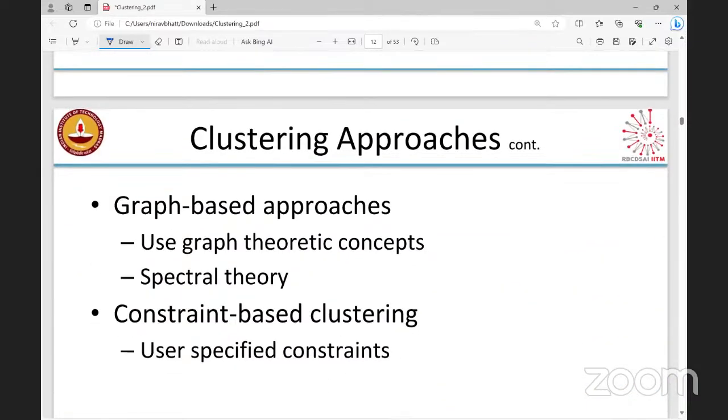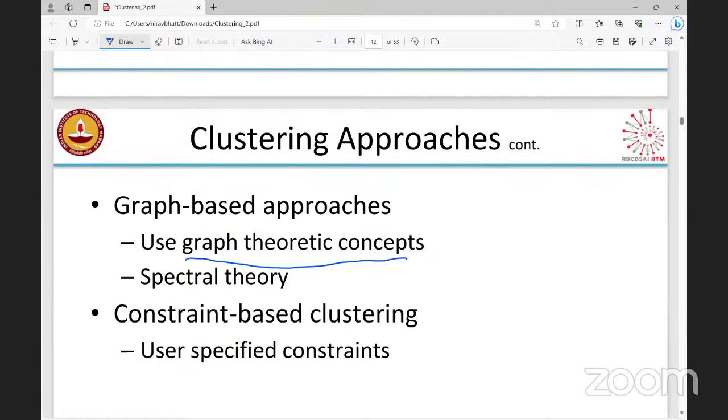Then there are graph-based approaches, which use graph theoretical analysis. So what is a graph? Typically we see a graph like this, correct? And then we draw something. In mathematics, there is another interesting formulation of a graph.